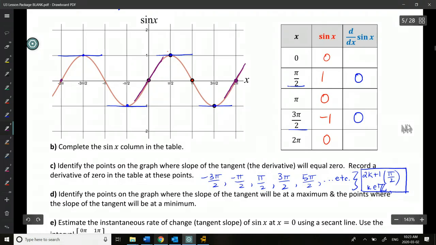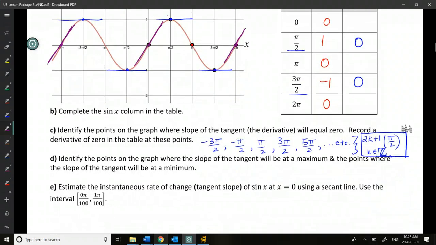And also at negative 2 pi, that's right. So we're at a max at numbers like negative 2 pi, 0, 2 pi. We could probably extend the pattern. What's the next one? 4 pi, 6 pi, etc.